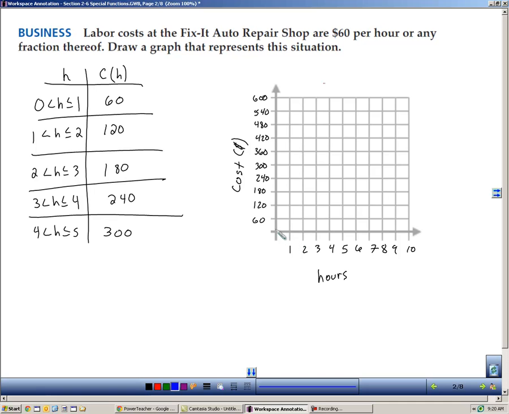But we're not going to include 0. So I'm going to use a closed dot there. So that represents the number of hours less than 1, and that's going to cost $60. But then as soon as I go over 1, it jumps to 120. So I leave an open circle, and I continue this pattern. So that's what this situation looks like, and it looks like a step function.